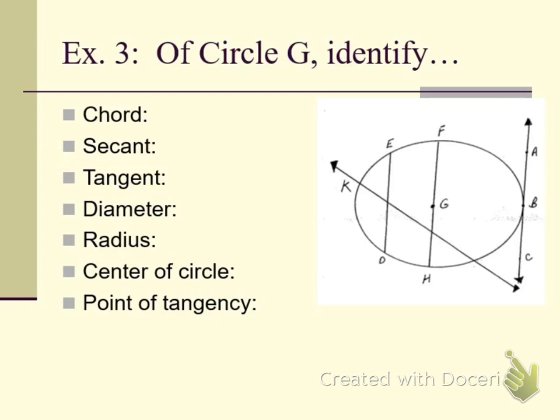Also, it's possible to have more than one correct answer sometimes. Some of these will only have one possibility. Some of them could potentially have more than one possibility.